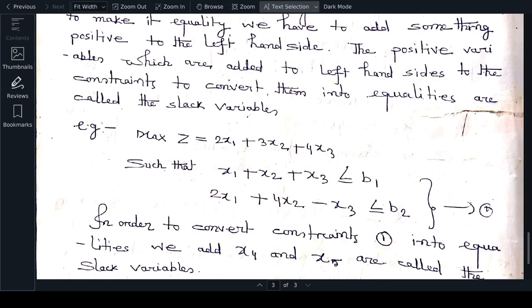Okay, so you write one inequality, say x1 minus x2 plus x3 greater than or equal to minus 1.